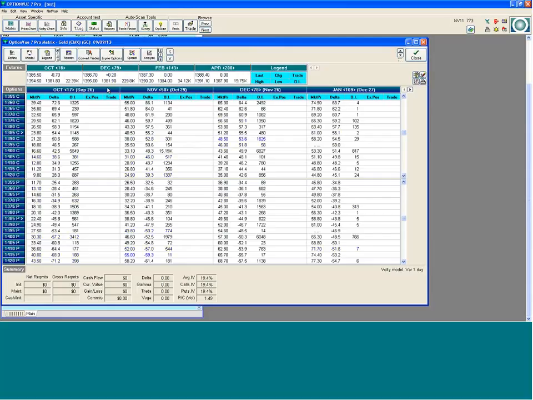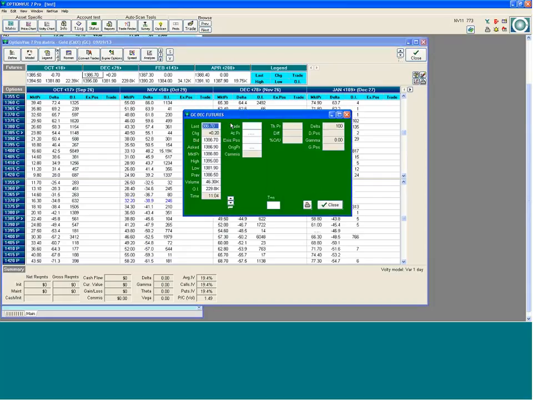Now, if you're a futures trader, you really don't even need an options analytical program like OptionVue to help you. But if you were a futures trader, and let's just say that you were to sell a December futures contract, what does that really mean?